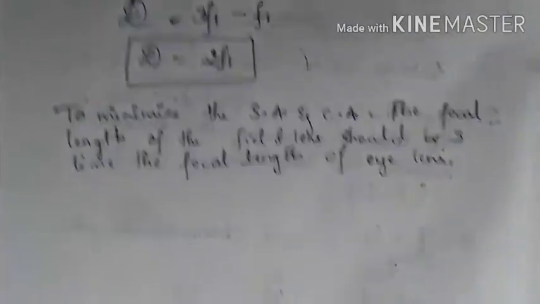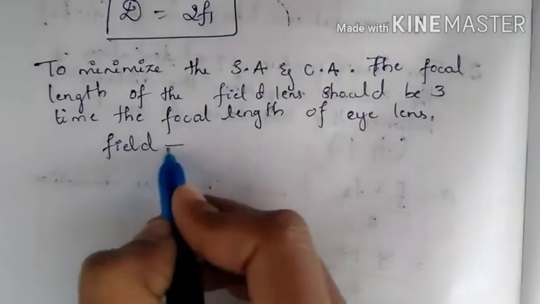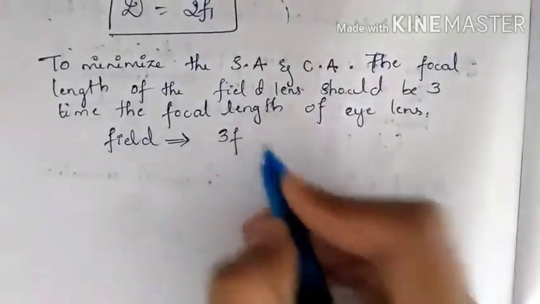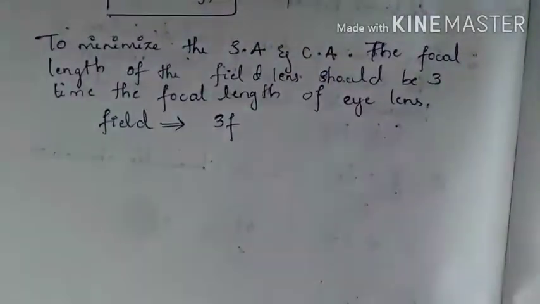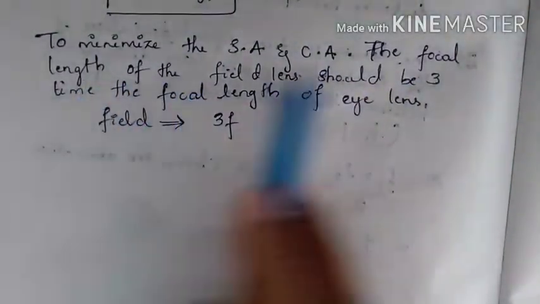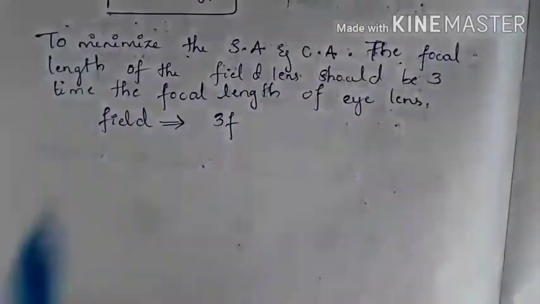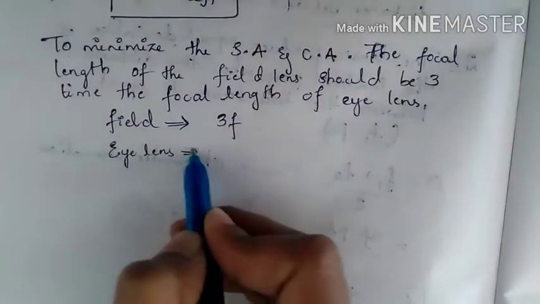So for the field lens, focal length should be how much? 3f. So that is what I have written here. To minimize the spherical aberration and chromatic aberration, the focal length of the field lens should be 3 times the focal length of the eye lens. So eye lens will have focal length f.